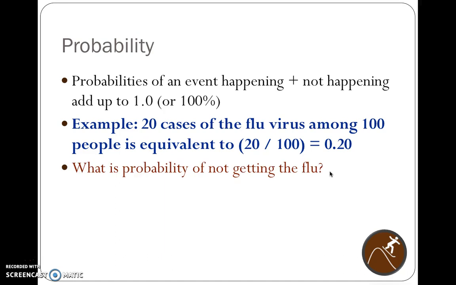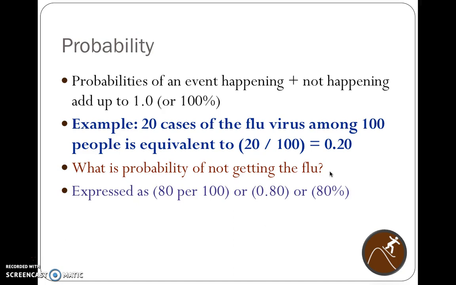But what was the probability of not getting the flu? If the probability of getting it was 0.20, then the probability of not getting it is the inverse: 1 minus 0.20, or 80%. So 0.80 or 80% is the probability of not getting the flu. Maybe you could consider those folks lucky. So probability of flu plus probability of no flu should add up to 100%.